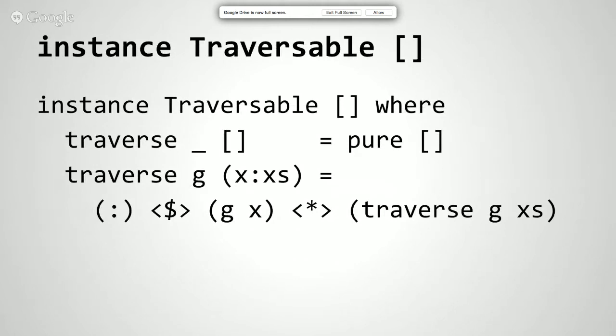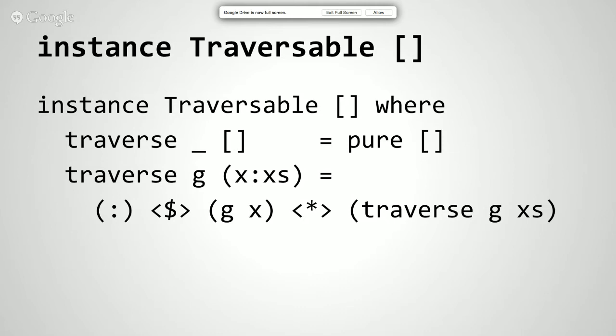So list is the canonical traversable. Traversing anything on the empty list has no effect, so it's pure, and you return the empty list. Traversing g across x cons xs, we're building up a cons, and since the cons function is a pure value, we don't need to do any effect to know that we're doing a cons.